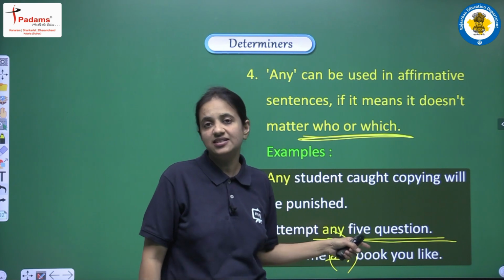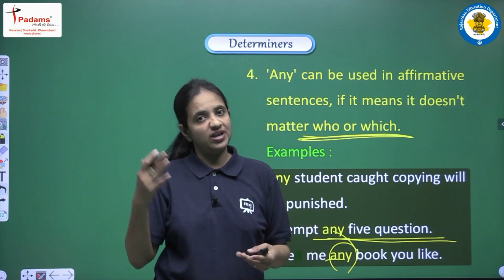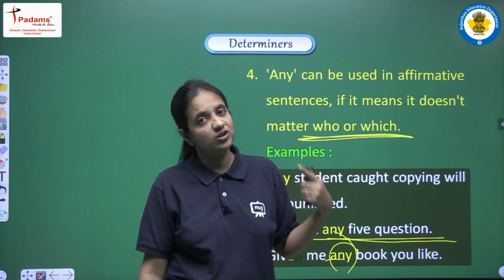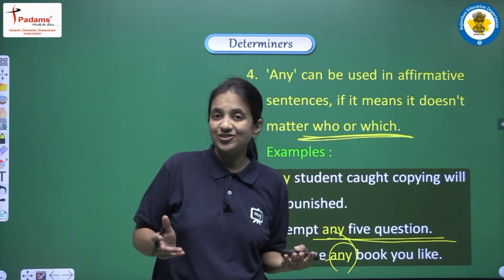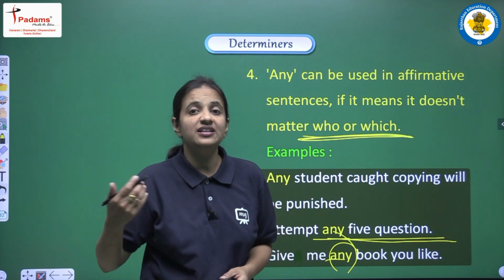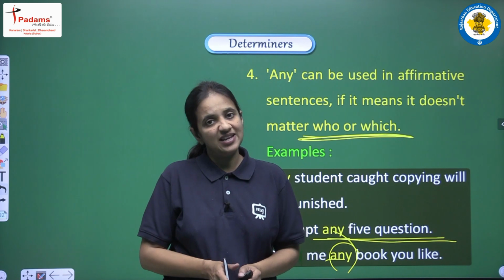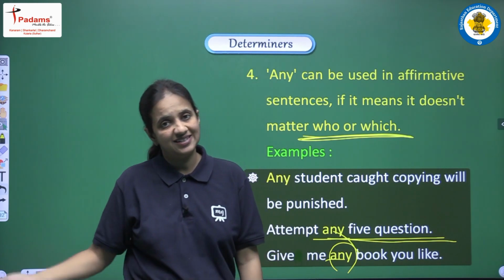Here it doesn't matter which book, because we are saying any book. Also here it doesn't matter which student, because we are talking about all the students, a very general thing. So in this sense also any can be used in affirmative, positive sentences.